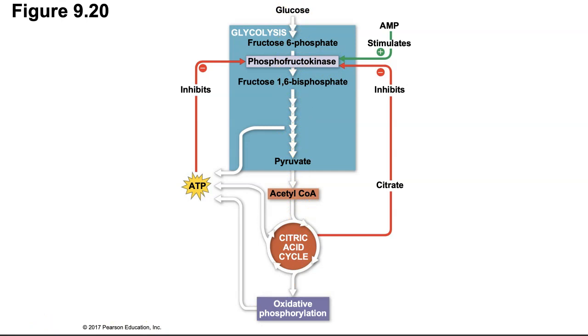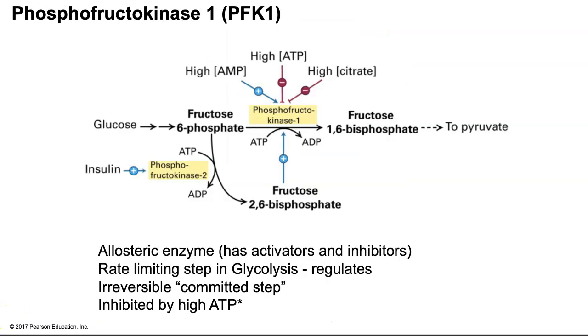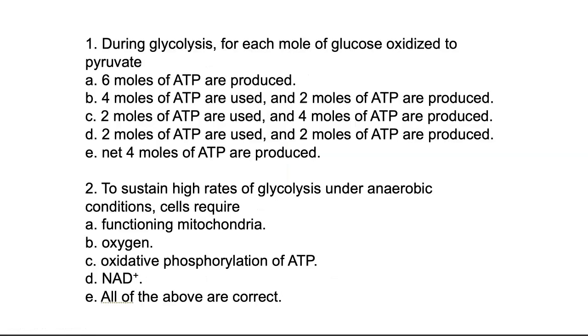So that is a perfect example of a feedback mechanism. And here is just another picture of phosphofructokinase PFK1, because there's another one, PFK2. And that will wrap it up for this chapter.